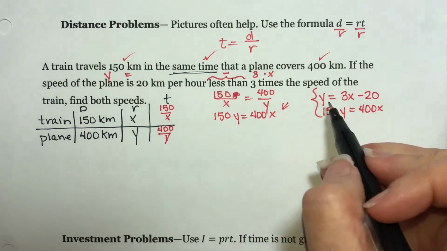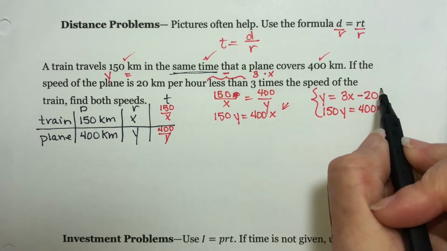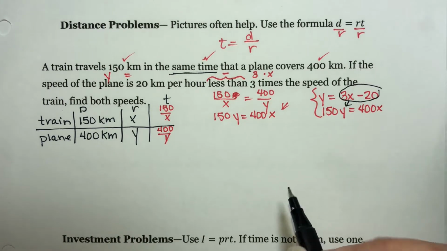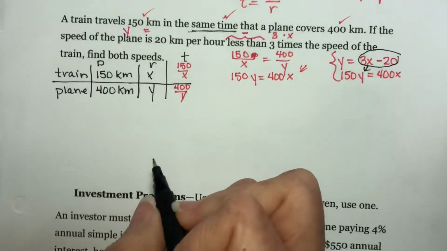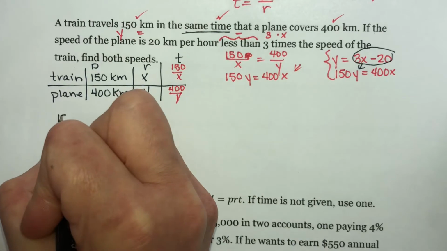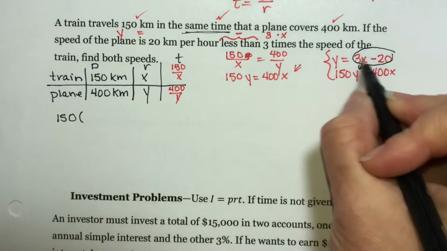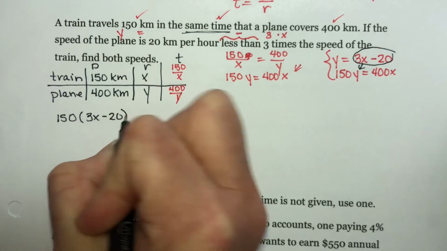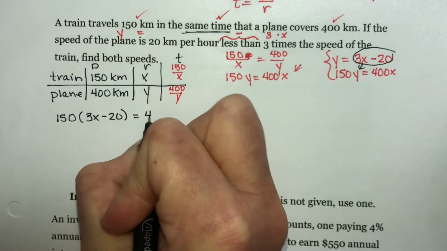Okay, this is set up for substitution, so I'm going to take all of this and plug it in right there. So I get 150 times Y, where Y is 3X minus 20, is equal to 400X.